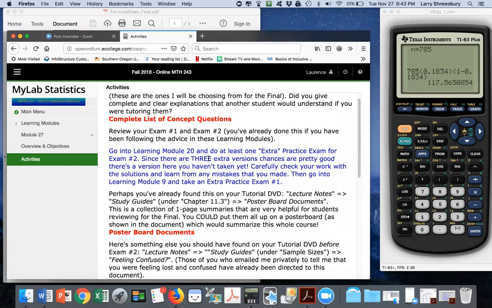And then review the hypothesis test and make that little summary poster board, and keep reviewing those concepts. And keep doing it every day this week and continue on until you take the final.